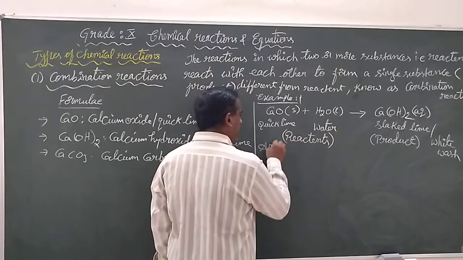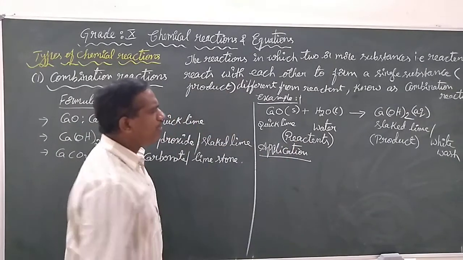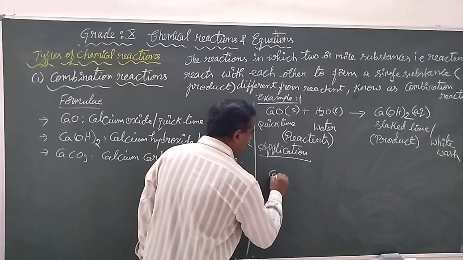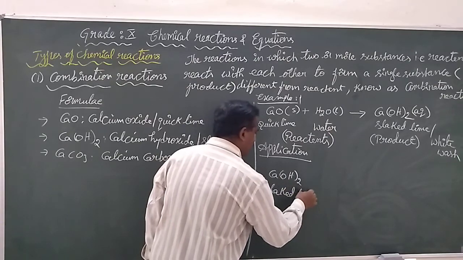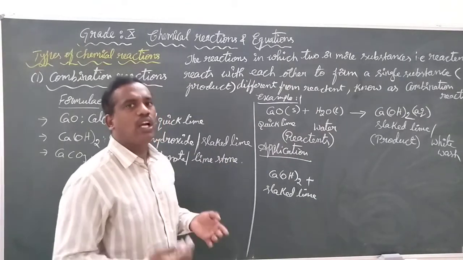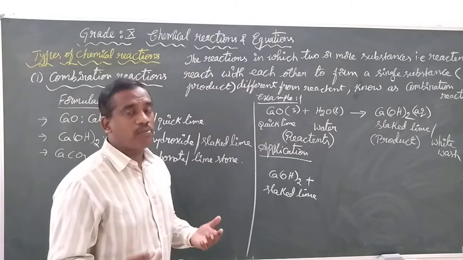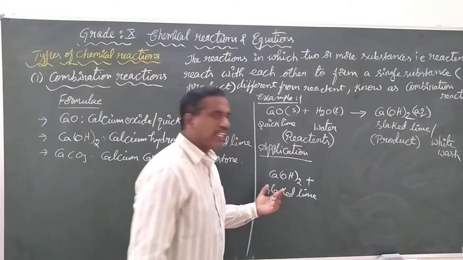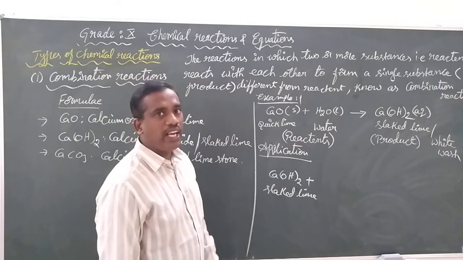Let us see the application. When we apply the slaked lime onto the wall, it will be left for 2 to 3 days. When it is left for 2 to 3 days, the atmospheric carbon dioxide will start reacting with our slaked lime.